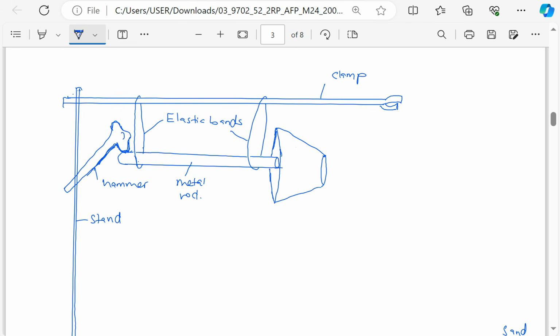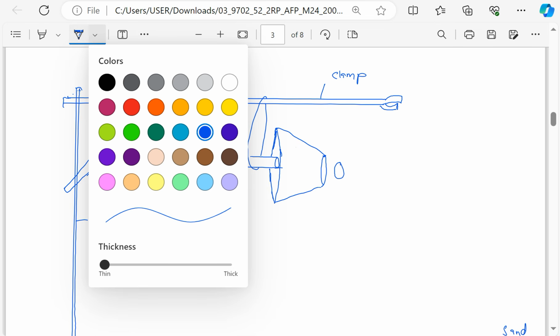So I'm going to put a microphone here. I'll just draw the correct symbol for a microphone. I'll increase the thickness for this.